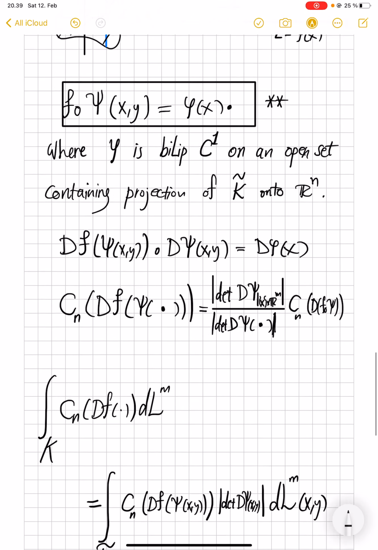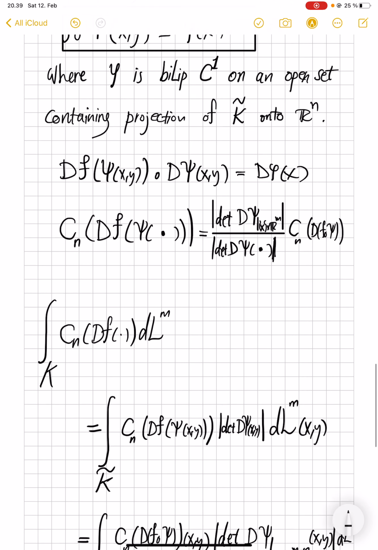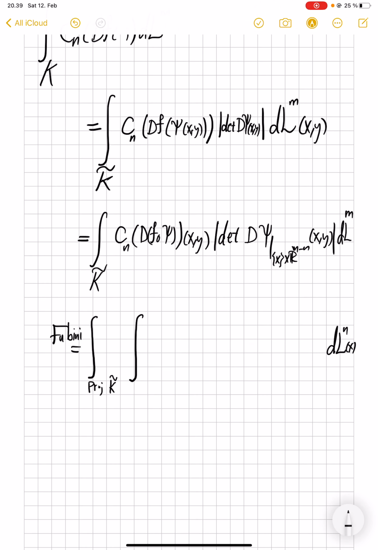Let me go back to my picture to explain this. I'm integrating over here. I can freeze x, integrate along y, and then add up with respect to x. That's Fubini. So freeze x and integrate with respect to y, which is in m minus n dimensions, and then integrate over x. All of these, of course, just the part that concerns K tilde.